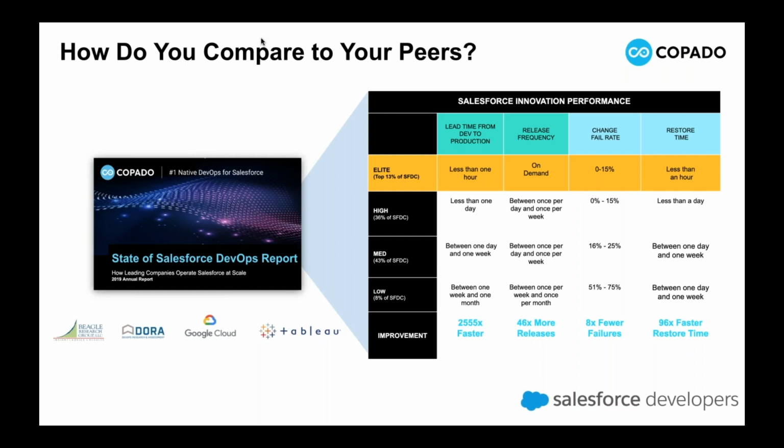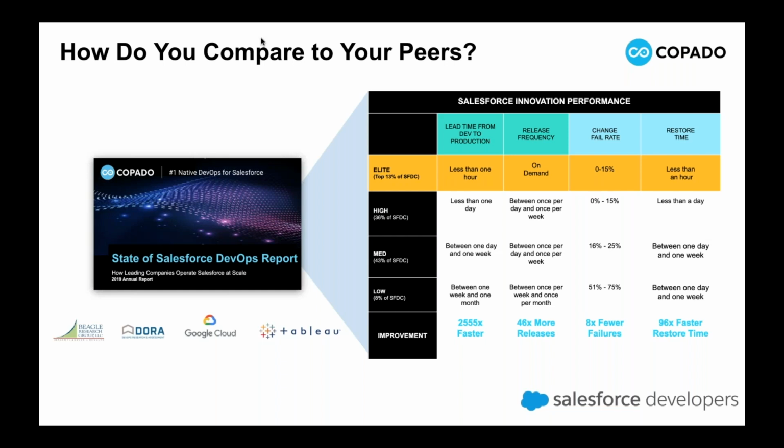Release frequency, either multiple times per day, and really you want to get to the place where you're releasing a few times per week, maybe not necessarily daily, but that is absolutely a goal. Your change fail rate really needs to be under 15%. That amount of rework that is required when you put something into production that has to get fixed is a crusher in terms of technical debt.